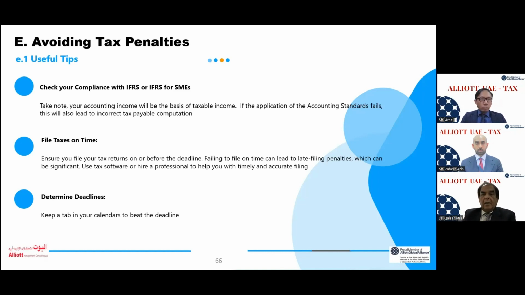When we make the financial statements, as we have done for decades, you include all the expenses: finance charges, depreciation, marketing, related party expenses, salary of the owner. These will be added back completely. You have to be careful on that.